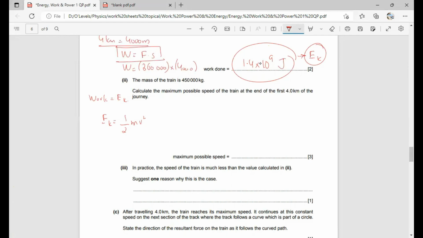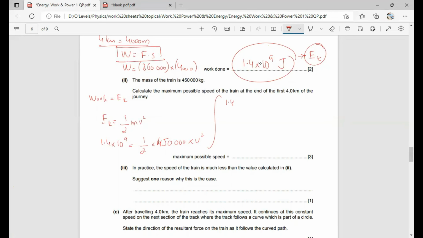So we have kinetic energy, that's your 1.4 × 10^9, is equal to 1 over 2 multiplied by the mass, 450,000, into v squared.